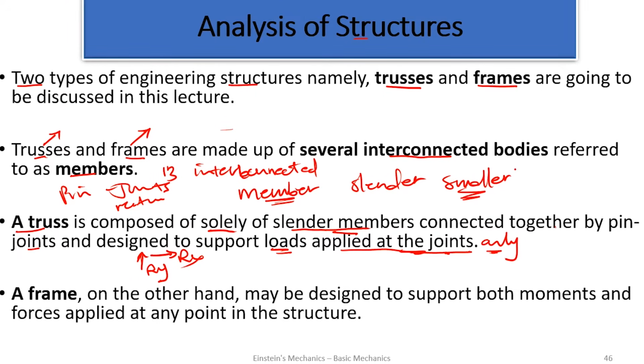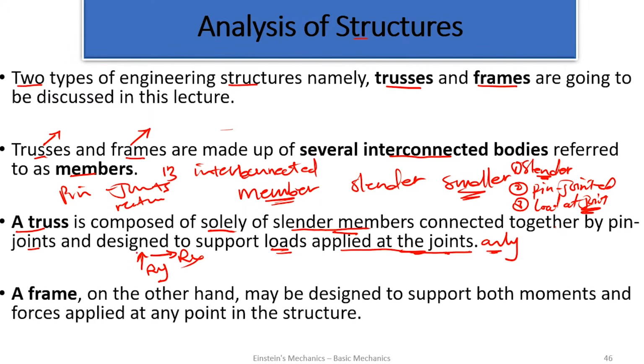So we can consider three things. I want you to understand this analysis of structures because it's a broad topic. We need to take it one by one and understand so that when we get to problem solving, it will be easy. One, they are slender for a truss. Two, they are pin jointed. And three, load at the joint.